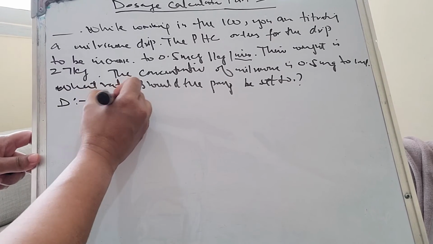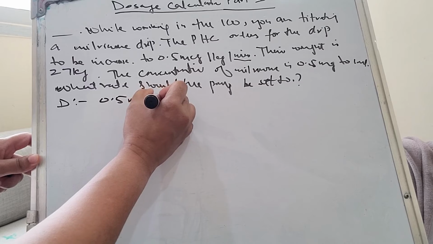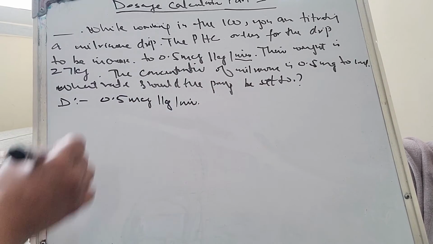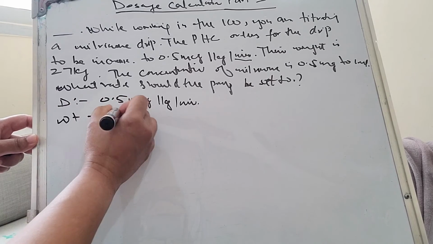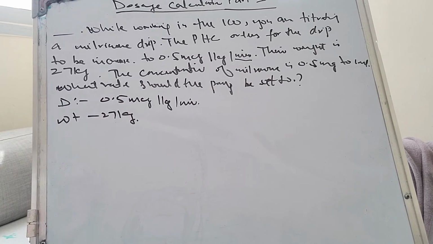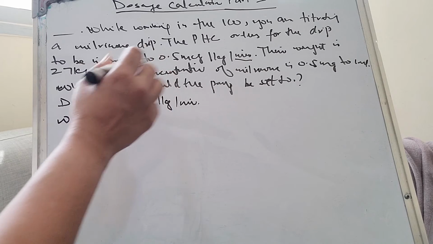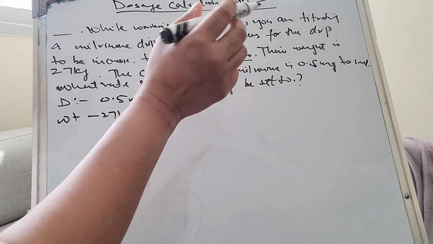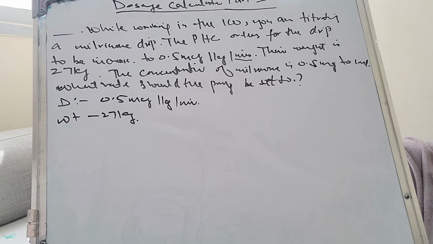Our desired dose is 0.5 microgram per kg per minute. Weight is 27 kg. So we will multiply 0.5 with the weight 27 kg.